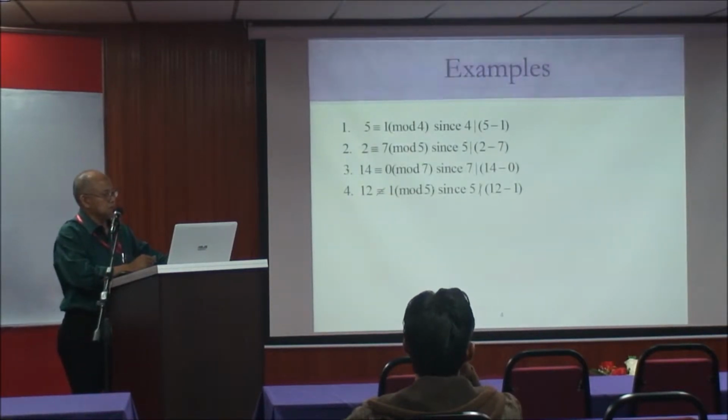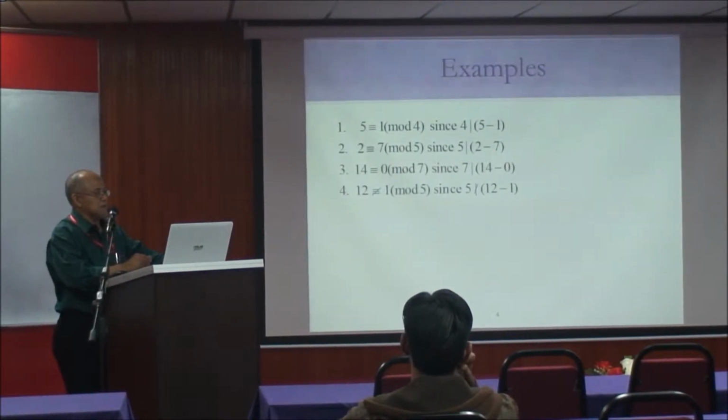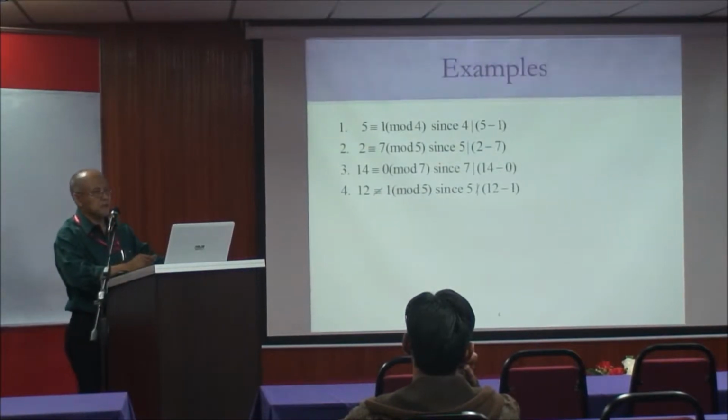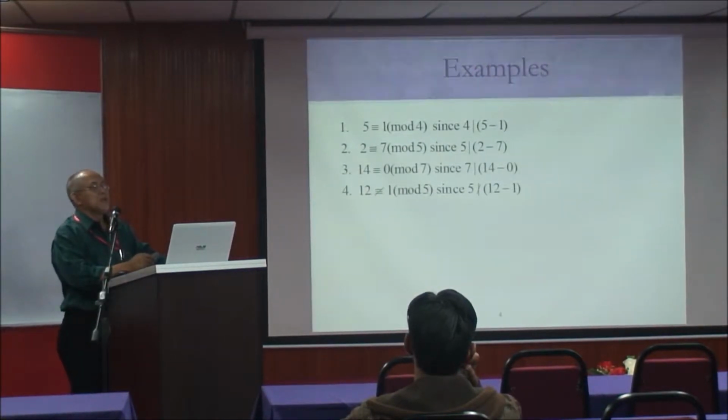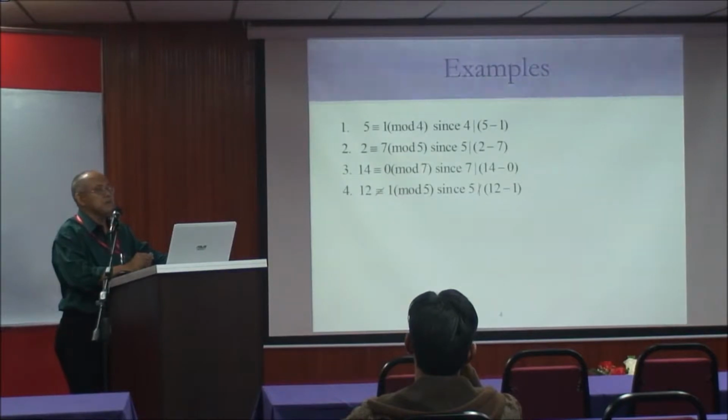Then the third one, 14 is congruent to 0 mod 7, since 7 divides 14 minus 0. And the last one, 12 is not congruent to 1 mod 5, since 5 doesn't divide 12 minus 1. So given any integers and some positive integer modulus M, we can decide whether the two integers are congruent to each other.